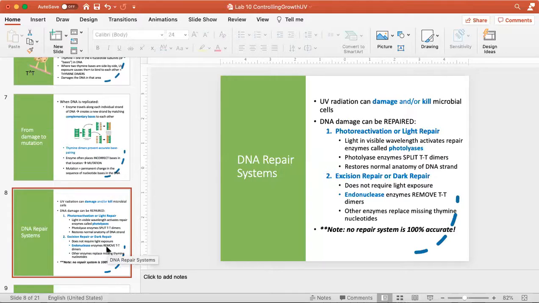Those thymine dimers get fixed by other enzymes inside of your cell whose job it is to protect your DNA. Obviously, not all of them get fixed because some people do get skin cancers. But a lot of DNA damage gets repaired.